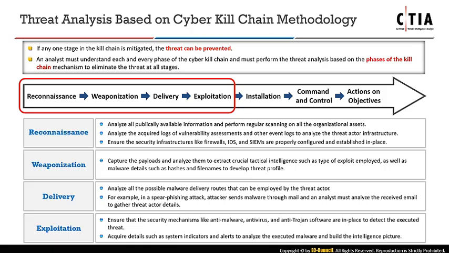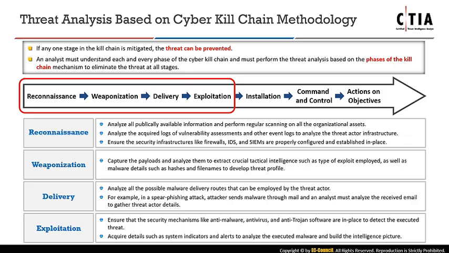So what is the kill chain? That is reconnaissance, weaponization, delivery, exploitation, installation, command and control, and actions on objectives. So what we're going to do is have a look at each of these phases and talk about them, and then we'll talk about how to analyze according to the kill chain methodology.